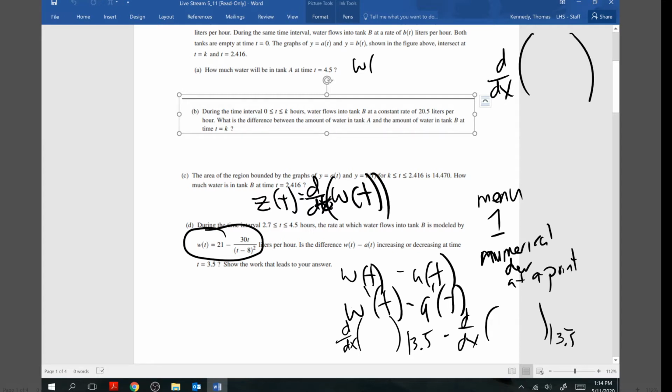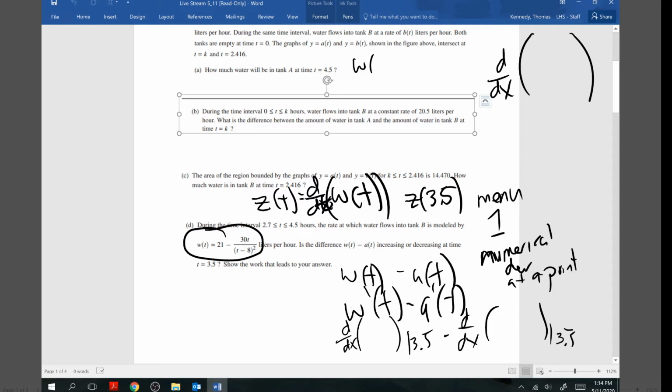And then it will graph the derivative, and then you can just trace to 3.5, or you can say, give me z of 3.5. So it's a little different depending on whether or not you're using Desmos or your graphing calculator, how you go about doing that.